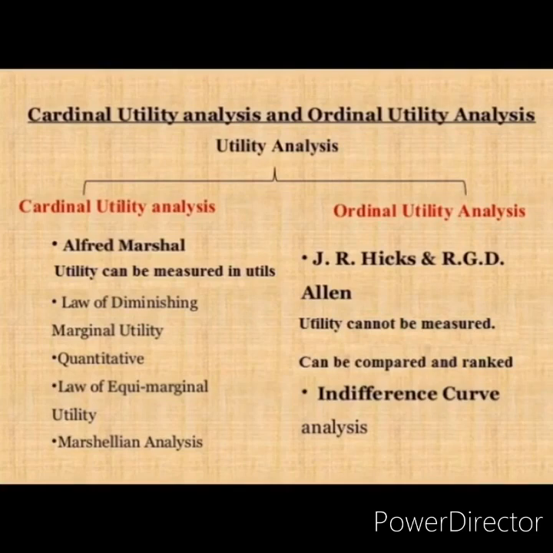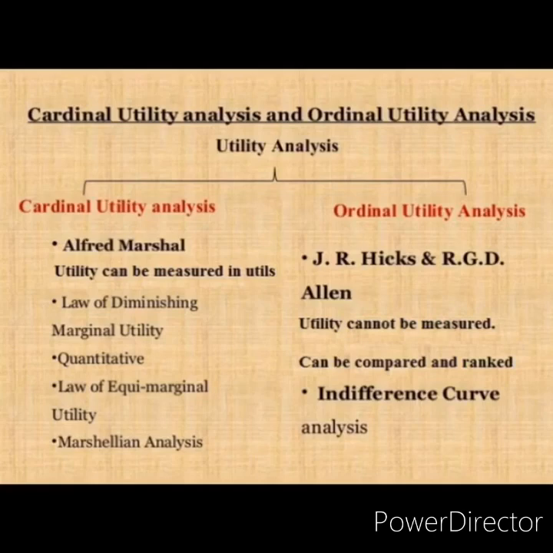And ordinal utility analysis is given by Professor Hicks and Professor Allen. And according to them, we cannot measure the utility. Utility cannot be measured in numbers, but we can give order or ranks to our utility. For example, if I am consuming chocolate, orange and apple, I am giving first rank to chocolate because I am getting more utility from chocolate.